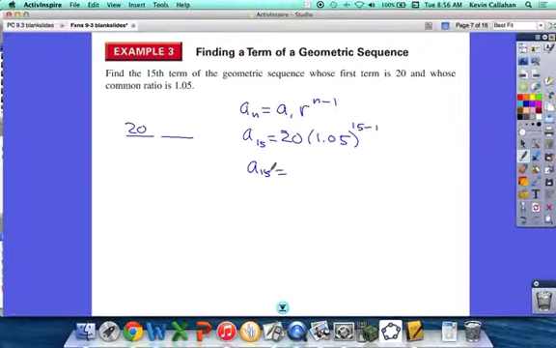And that you can just put in the calculator. And the answer is 39.599. That's a lot easier than multiplying 15 times by 1.05 to get where you're going. Use the formula.